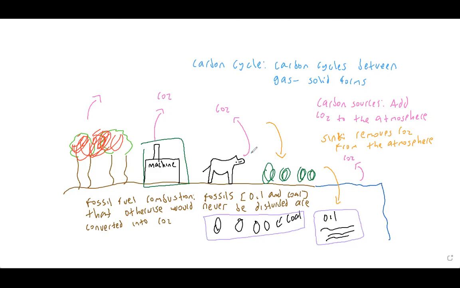One is to build giant machines that convert carbon dioxide to solid carbon, called artificial photosynthesis. Yeah, they're even researching bioengineering trees and plants to convert more carbon dioxide to solid carbon.